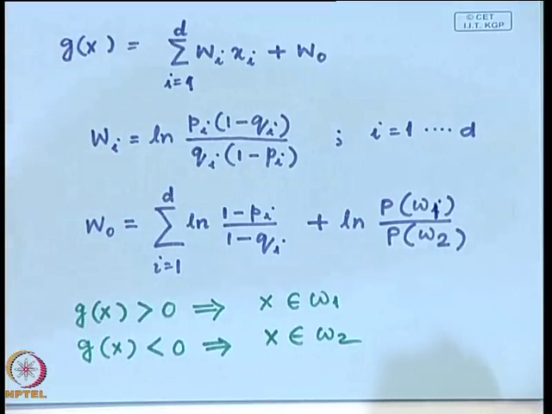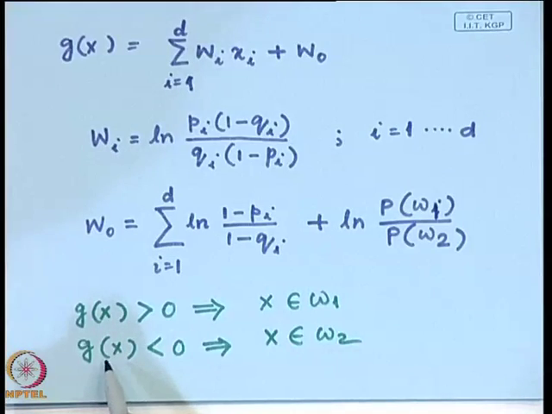You find that x_i, that is the ith component of the feature vector x, is a binary valued feature. It can have a value equal to 0, it can have a value equal to 1. Now, if it has a value equal to 1, then the contribution of the term w_i into x_i to this function g(x) is nothing but equal to the magnitude of w_i, because x_i is equal to 1.